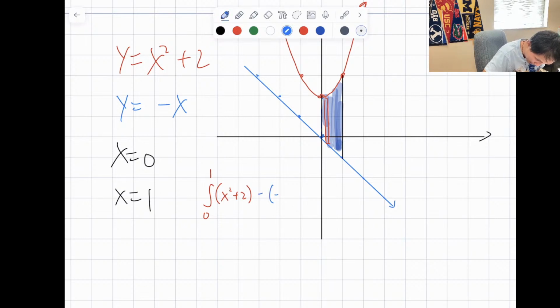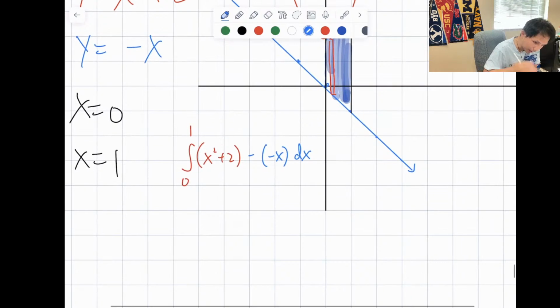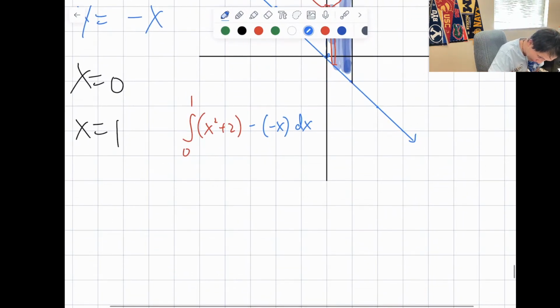Minus the negative x, dx. So now it's going to be the integral from 0 to 1 of x squared plus x plus 2 dx.